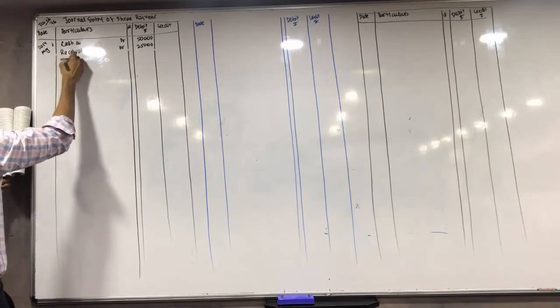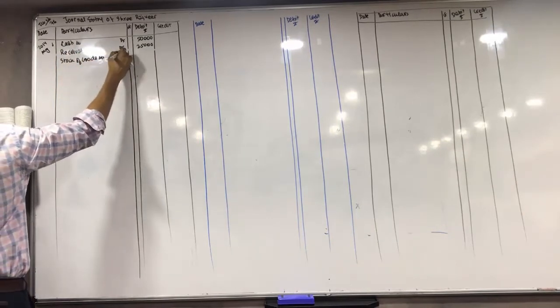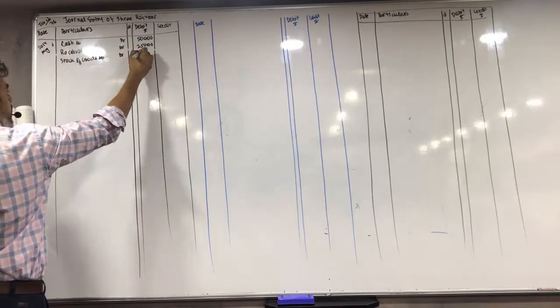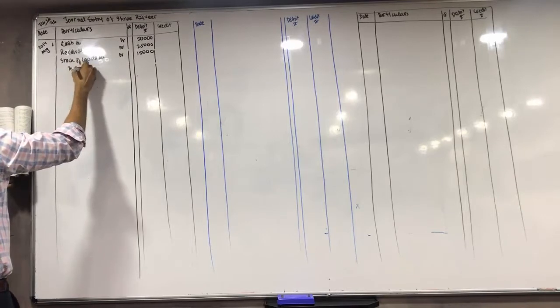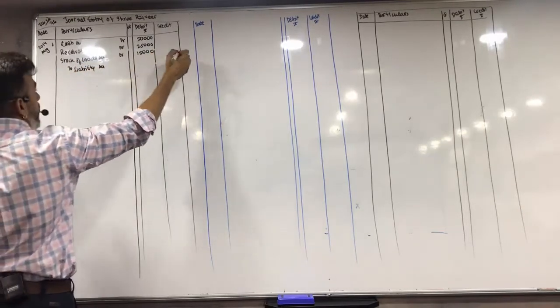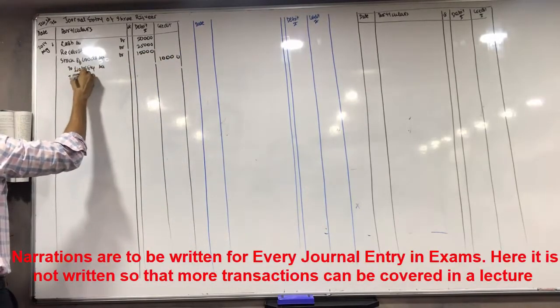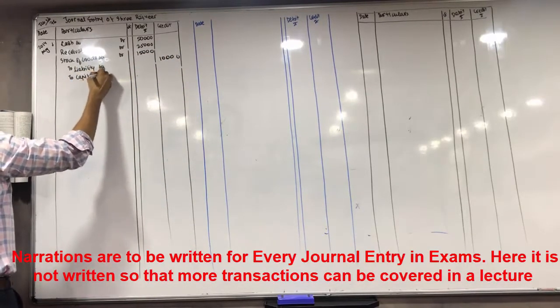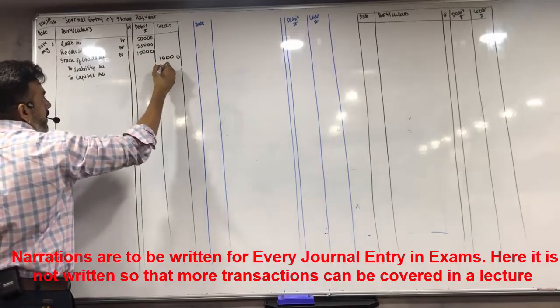Stock of goods account debit 15,000. To liability account 10,000 and to difference is capital, 80,000.